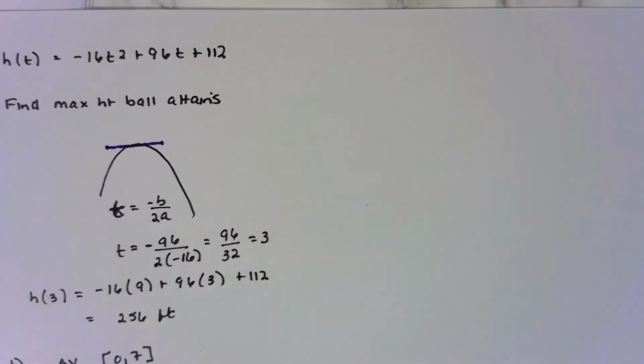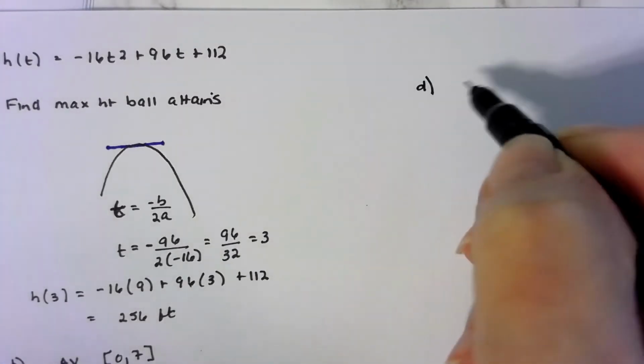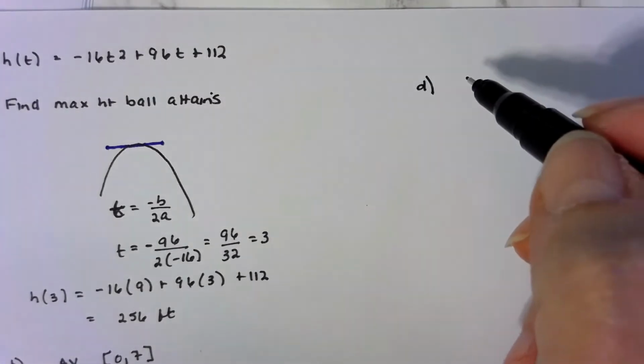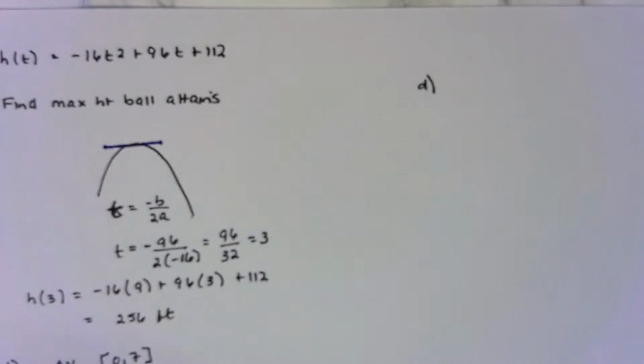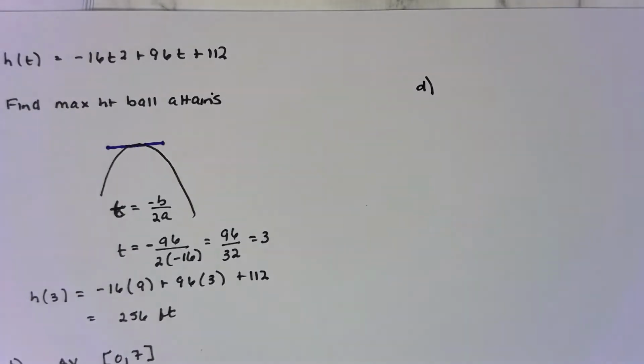And then finally in part D, we want to estimate to the nearest hundredth the velocity of the ball the instant it hits the ground. Now, I heard a lot of chatter, even though I was teaching those who were new to the class or needed a little bit of extra help. I could hear what was going on in the background.